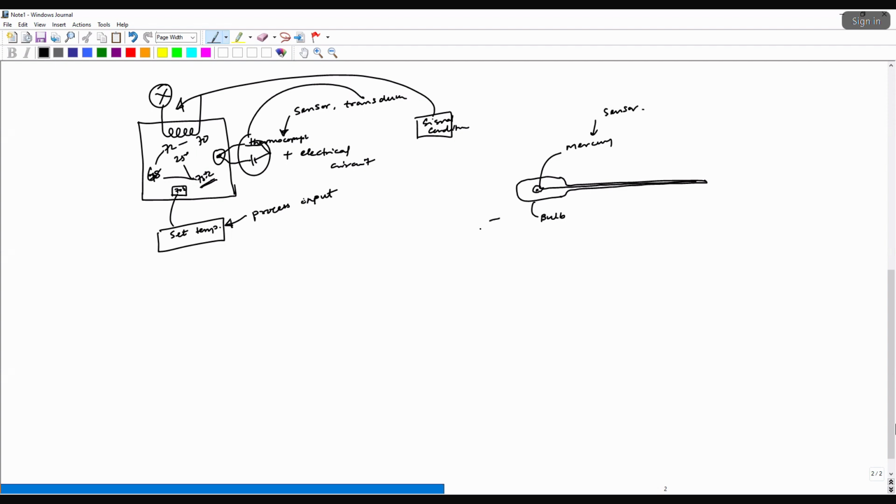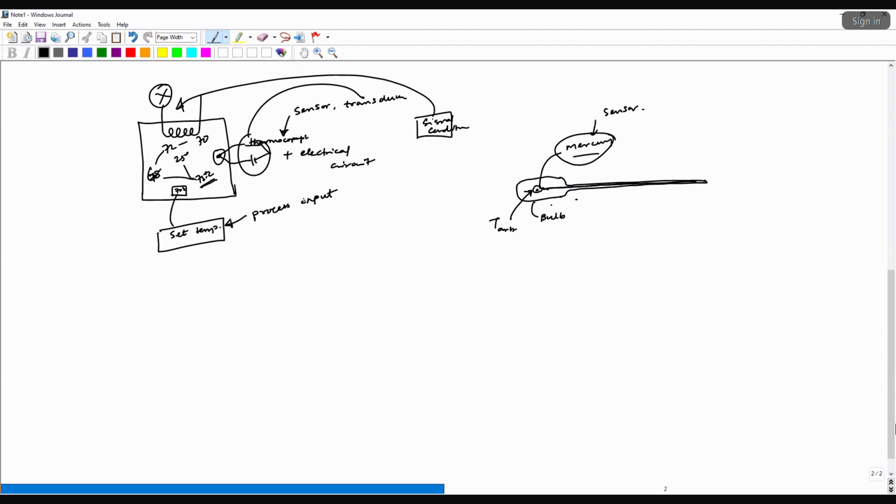Okay, this is the temperature of the ambient it is trying to sense. So the heat from the ambient gets into this bulb and to the mercury, which basically senses the temperature. And the stem, what happens really is when this mercury receives heat, it basically expands. And this expansion, the volume expansion of mercury, is converted into linear expansion in this capillary, right?